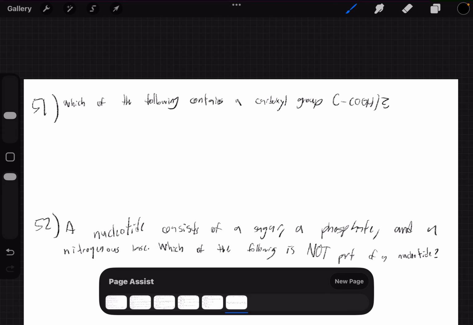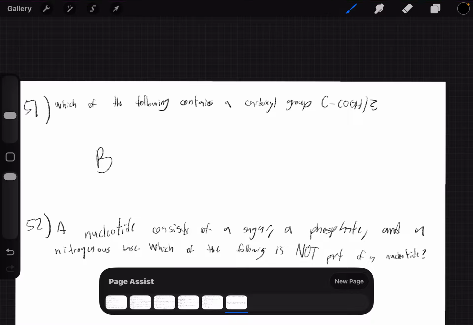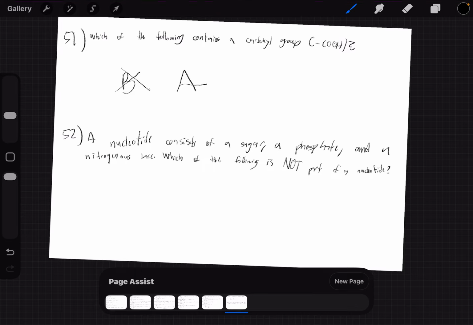51 says, which of the following contains a carboxyl group? So for this, I wrote B, which is water, but I was actually wrong, and the real answer was A, which is an amino acid.